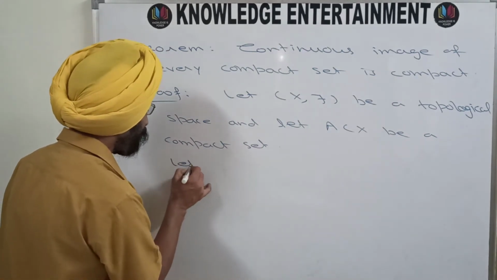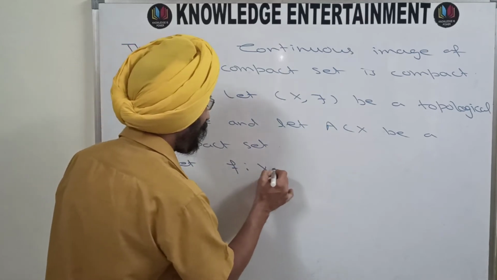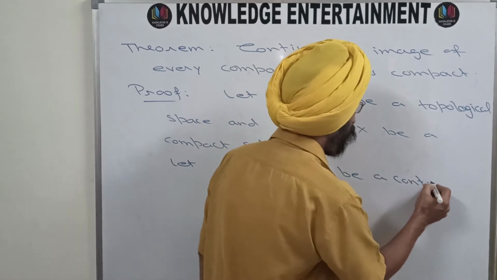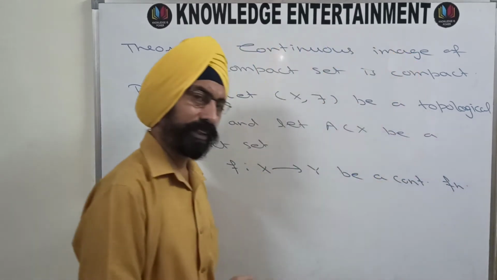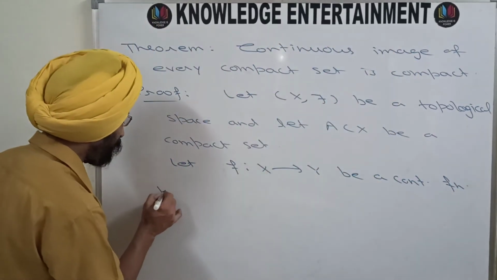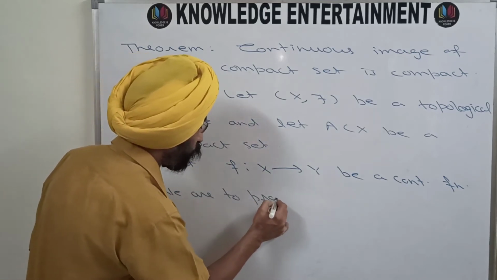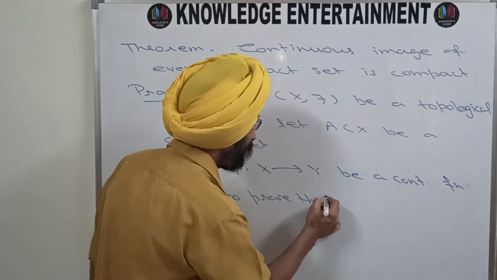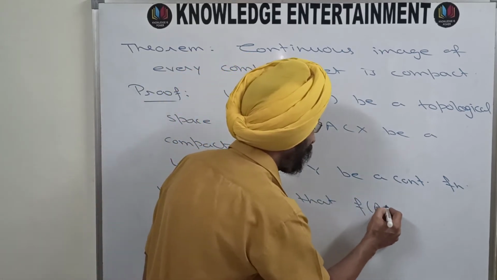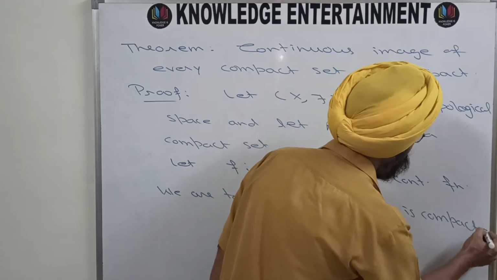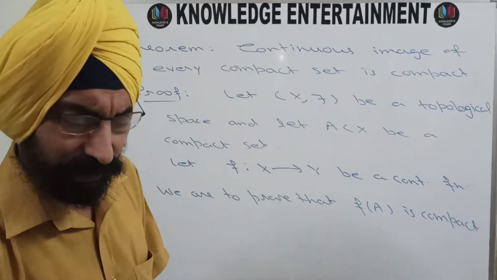Let F from X to Y be a continuous function. We are to prove that F of A is compact. So the proof will be on the same lines.